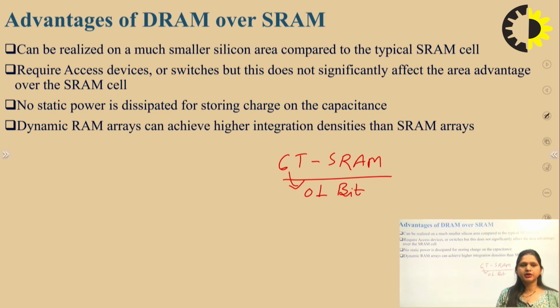This is the minimum requirement. In case of DRAM, we can even design a DRAM cell using only a single transistor. So there is a reduction of 5 transistors to store a single bit. You can see the advantage of DRAM over SRAM.